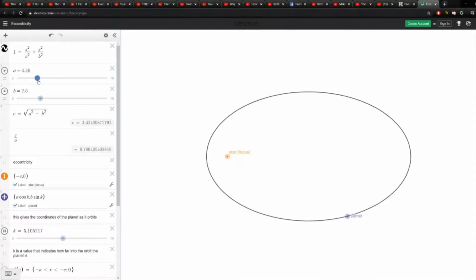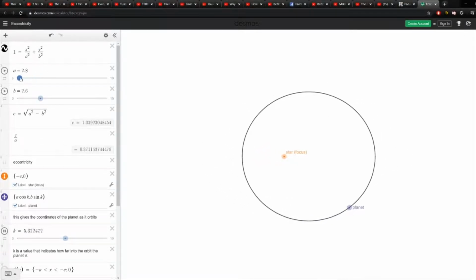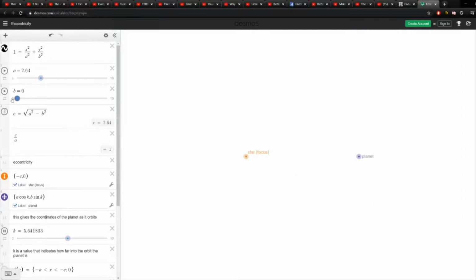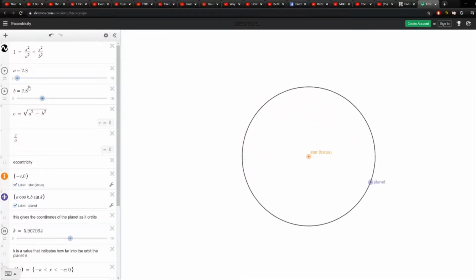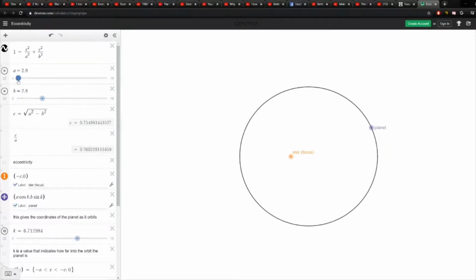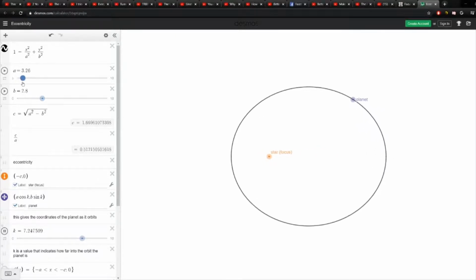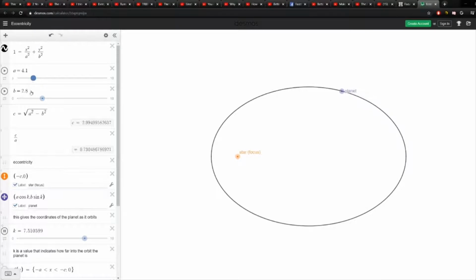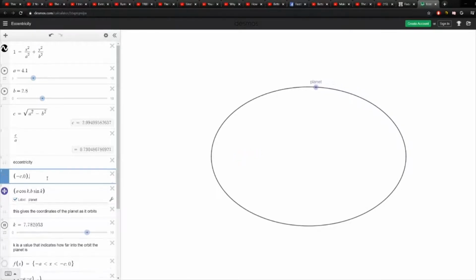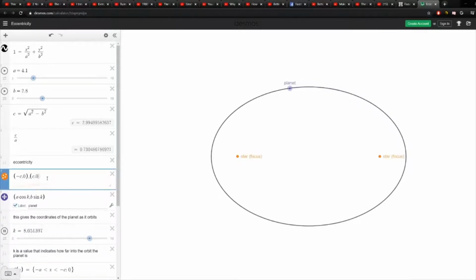Here I can change the length of the axes. So notice when A and B are equal, see they're both 2.8, I have a circle, right? Remember A can't even be smaller than B, so as A gets larger, we have something becoming more elliptical.